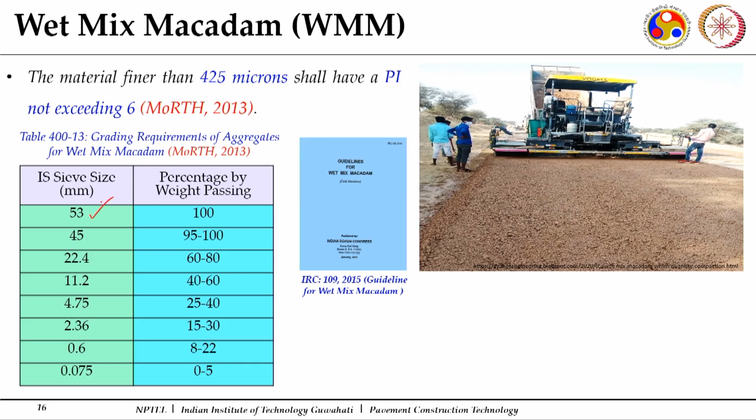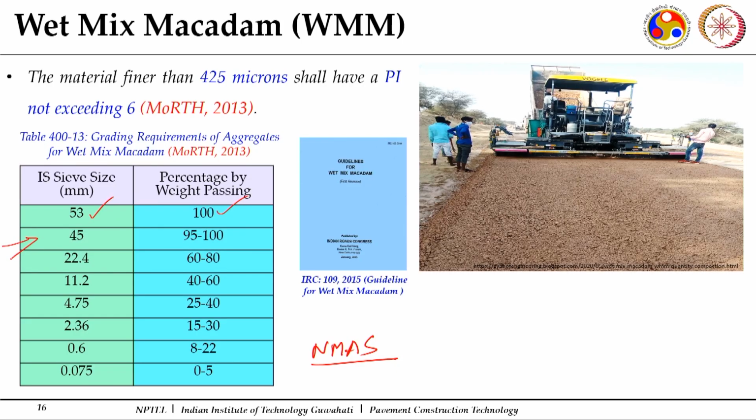We have from 53 mm, at least 100% material should pass. As I mentioned, NMS is the one sieve size over the sieve size which has at least 10% material passing. Or I can say it is the size where at least some material passes.